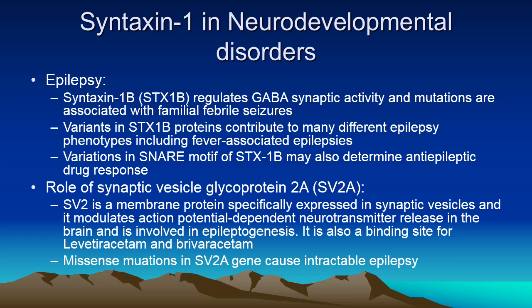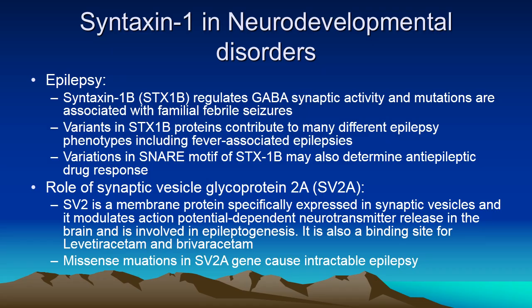Syntaxin 1B regulates GABAergic activity, and mutations are associated with several types of familial epileptic disorders. Variations in the syntaxin 1B protein contribute to fever-associated epilepsy, and variations in the SNARE motif of syntaxin 1B are related to the determination of anti-epileptic activity of several drugs used.